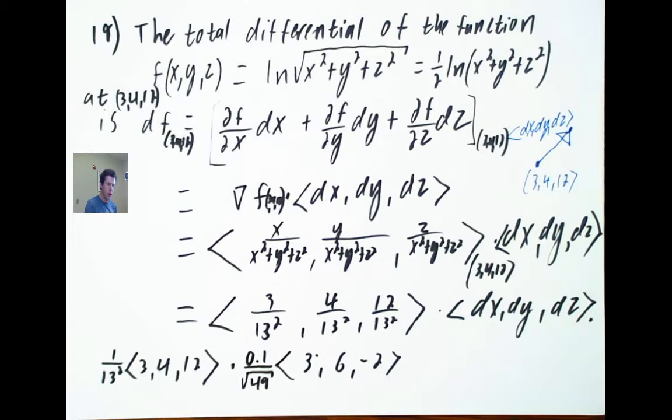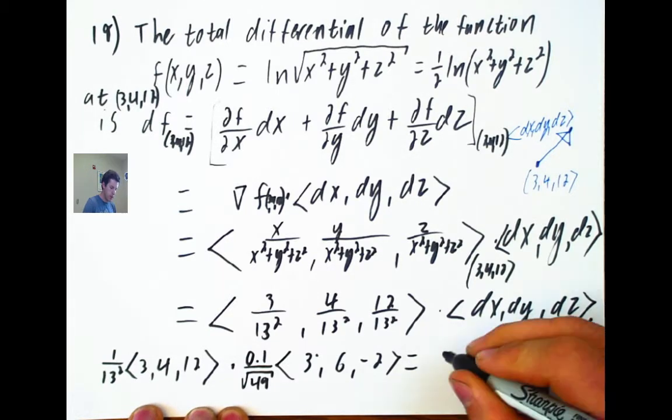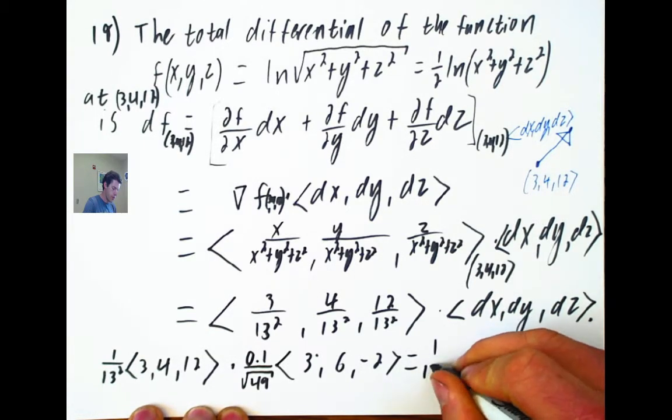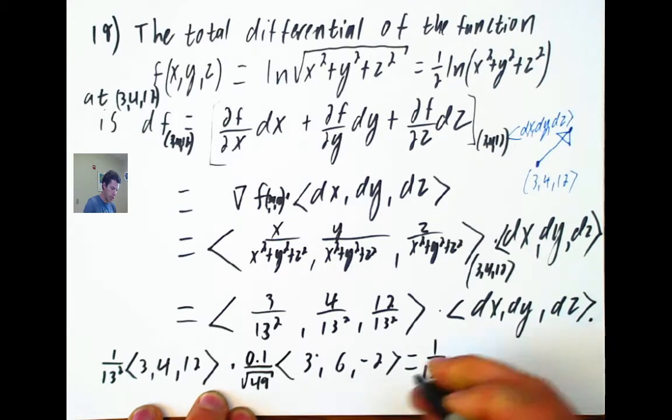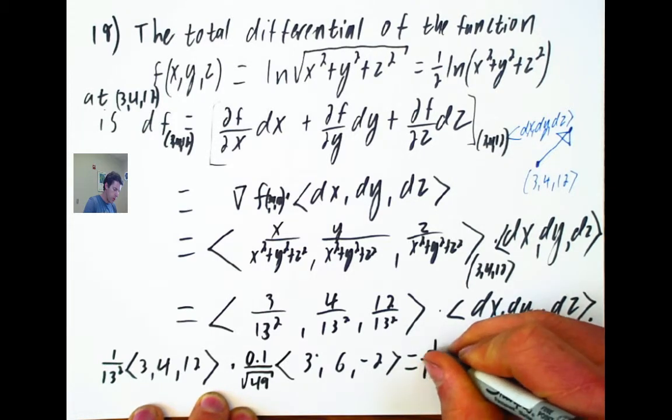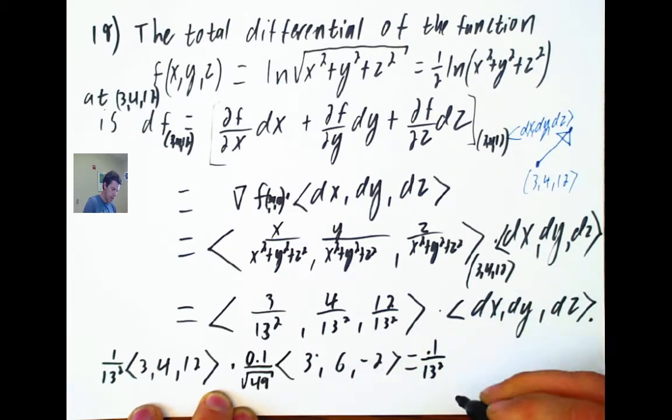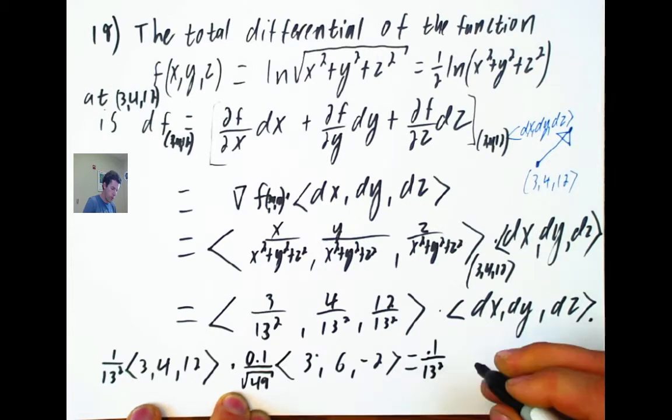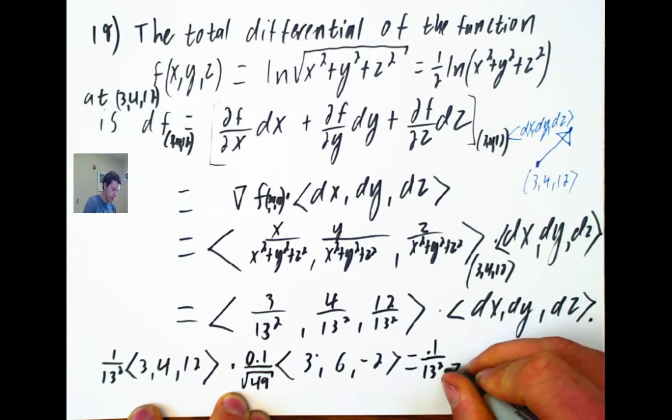So, wait a minute. 49, is that a perfect square? I think 7 squared is 49. Is that right? Okay. Assuming it's right, that's 7 down there. So I'll take this dot product. First of all, I'll take the 13s over here. 1 over 13 squared. They got that 0.1 upstairs from that. And downstairs, if the square root of 49 is 7, then I'll just put 7 right there. Now, that's not a 0.7. That's a times 7.